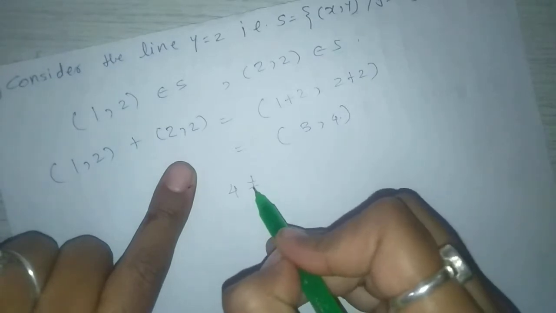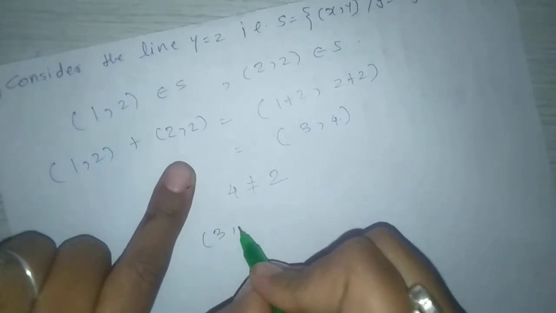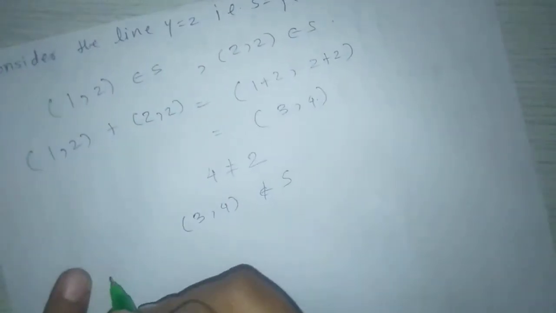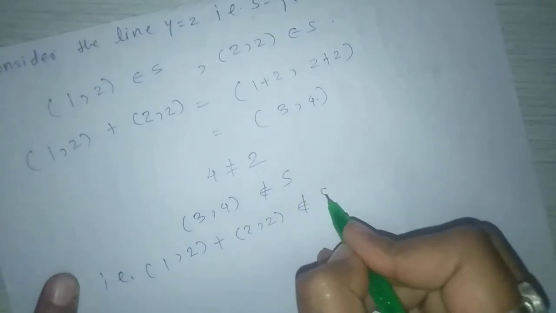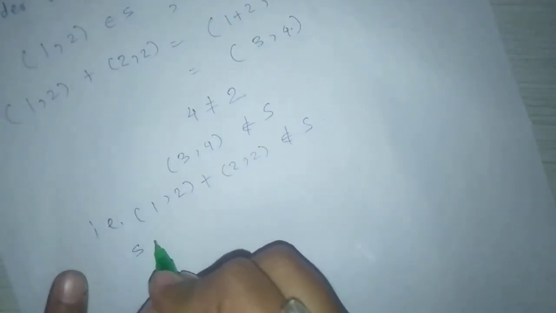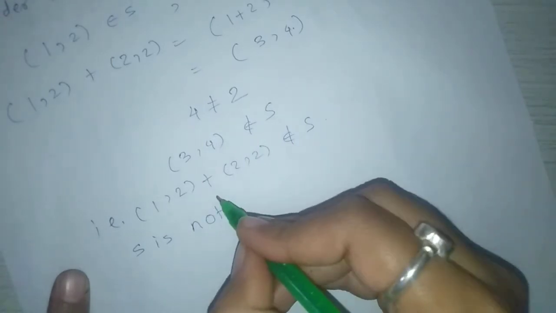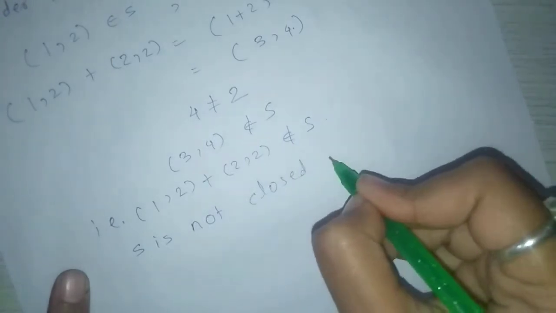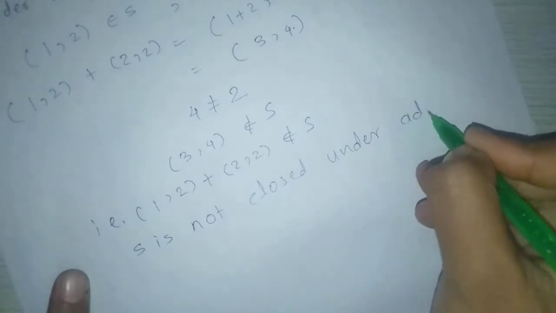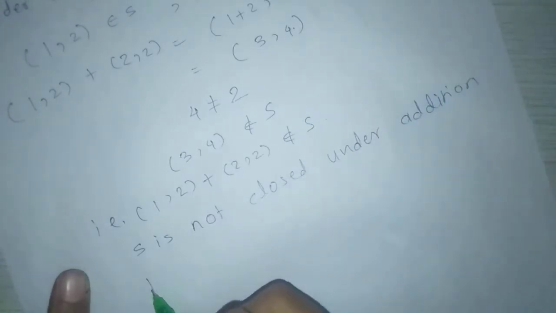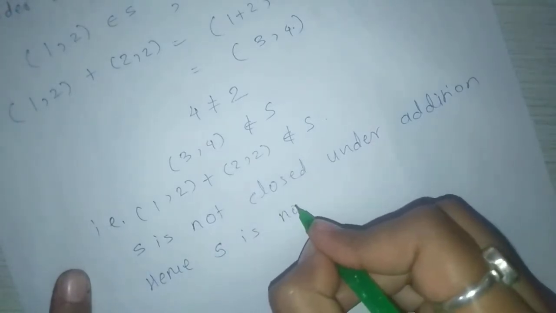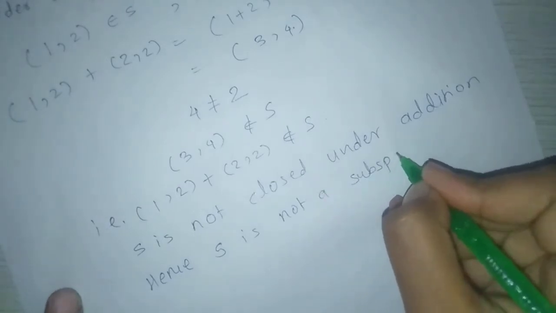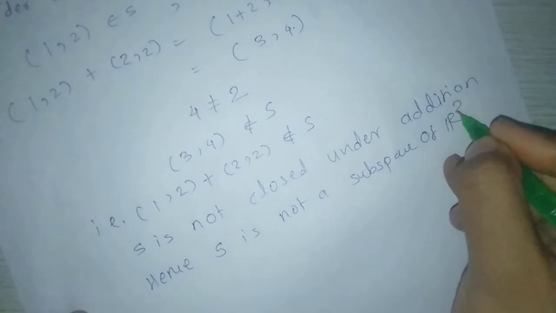But 4 is not equal to 2, means (3, 4) does not belong to S. That is, (1, 2) plus (2, 2) does not belong to S, means S is not closed under addition, hence S is not a subspace of R2.